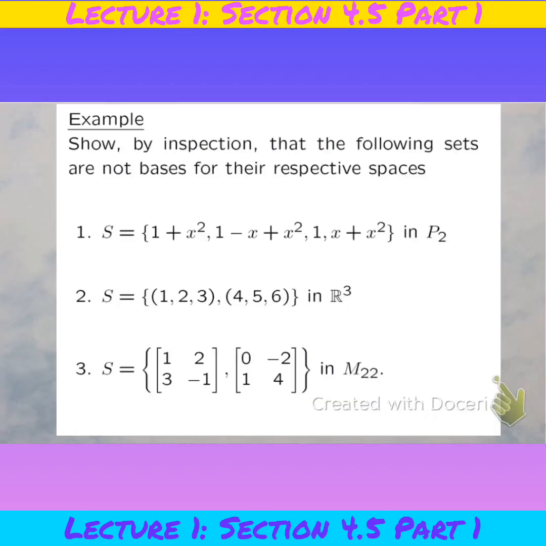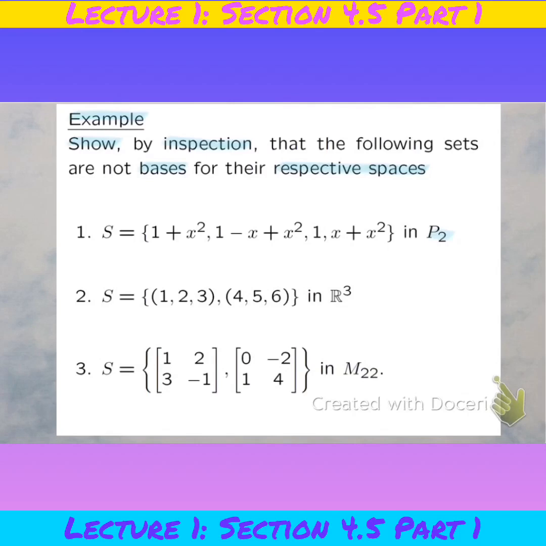Okay, now we are asked to apply that theorem. Show by inspection that the following sets are not bases for the respective spaces. If we look at P2, P2 is all the polynomials that have a degree at most 2.